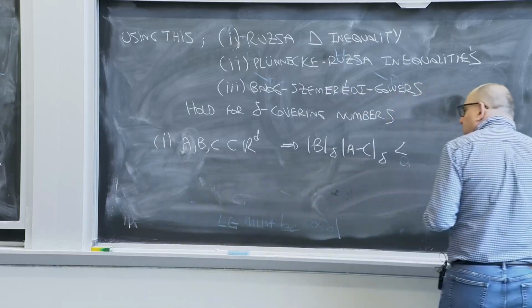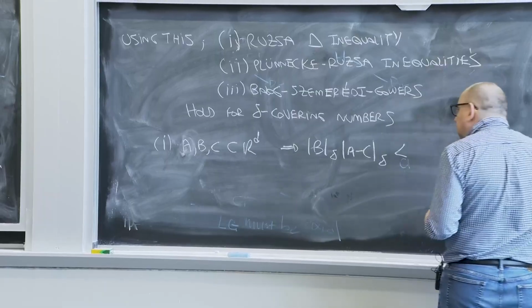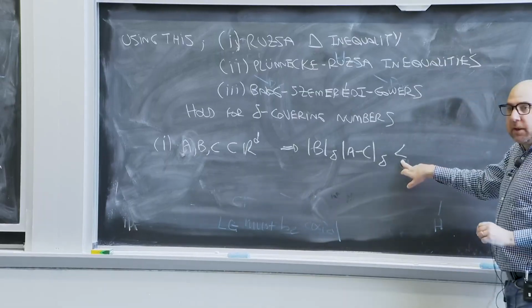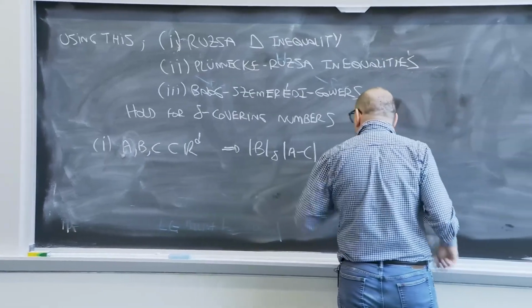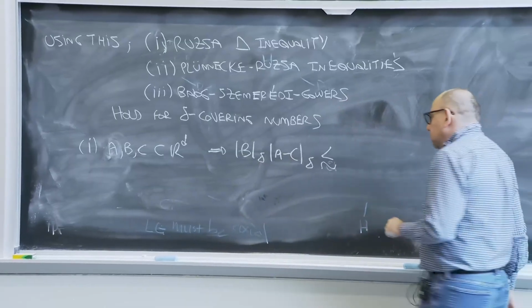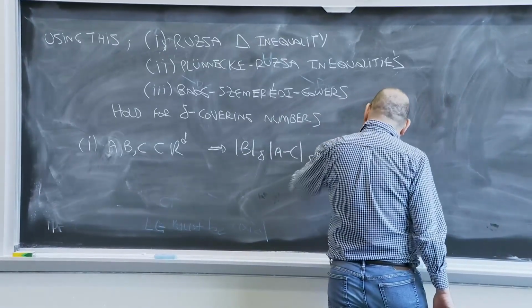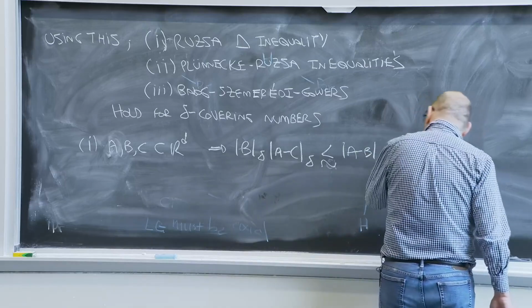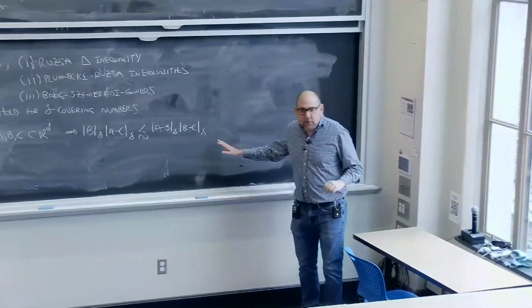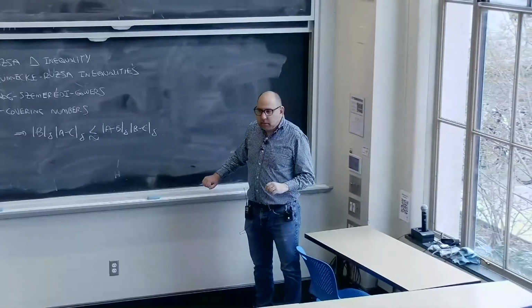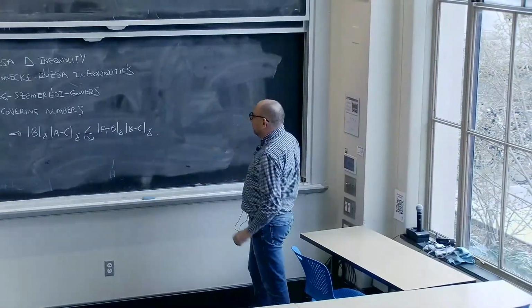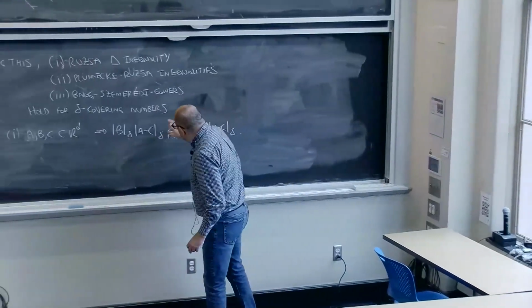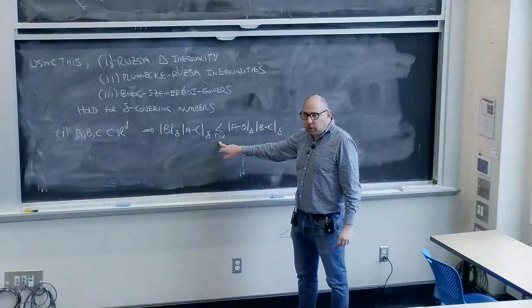Okay. In the original, so in the discrete Ruzsa triangle inequality, here we have inequality. Here we have inequality up to a constant. So this is the only thing we have to change. Okay, did I get this right? Is this the correct statement? Okay, so this is an example. Just put delta, delta, delta, delta, and change inequality by inequality up to a constant.